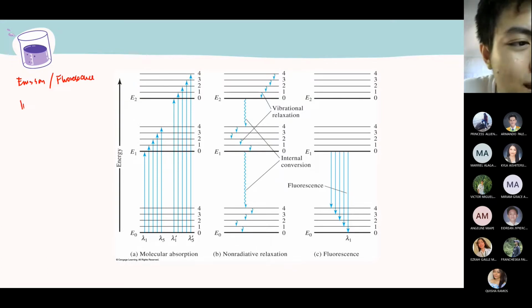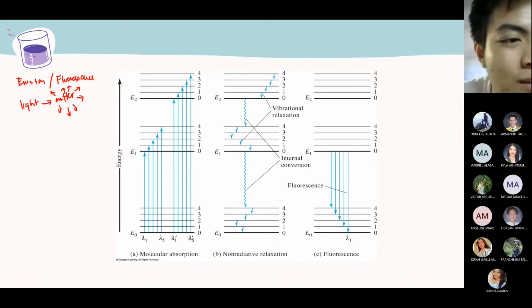So, light, i-absorb ng matter natin, and then later on, they will be irradiated. So, mag-glow siya. So, that is true for emission and fluorescence. But for the absorption, iba naman.